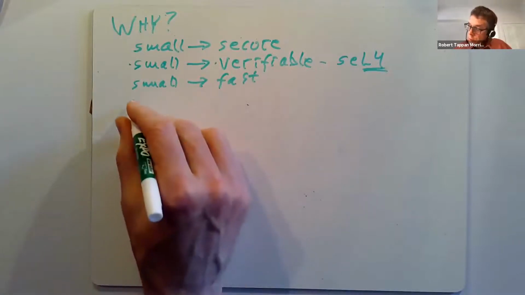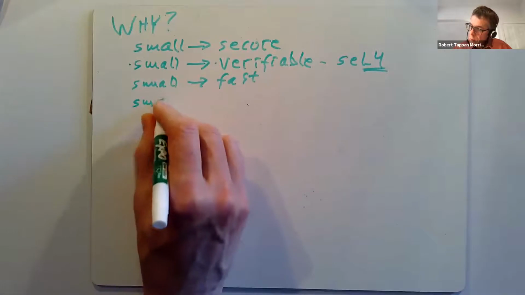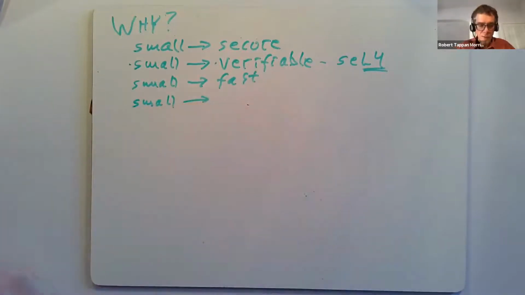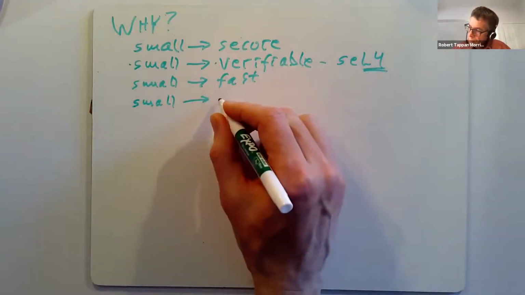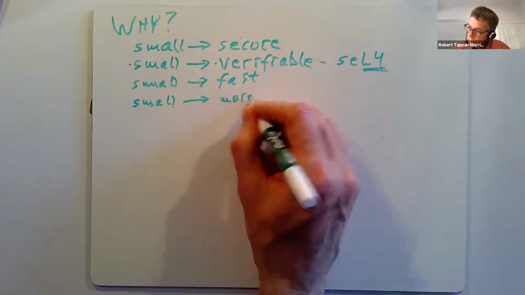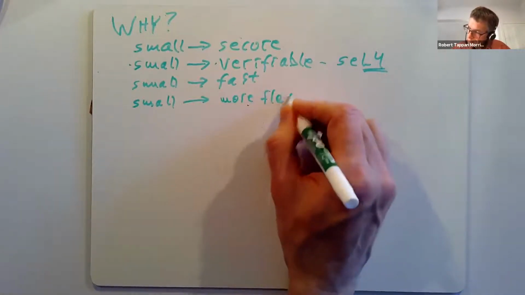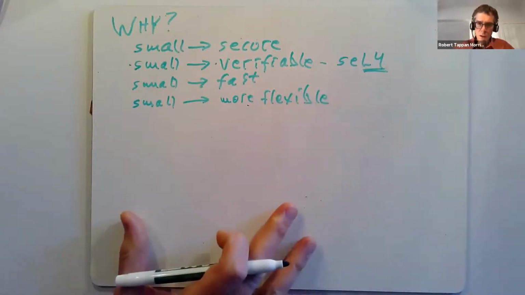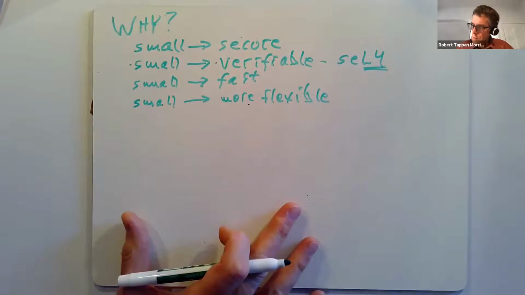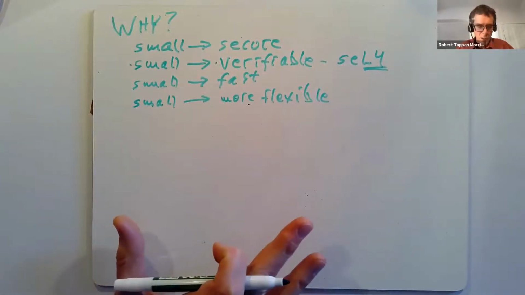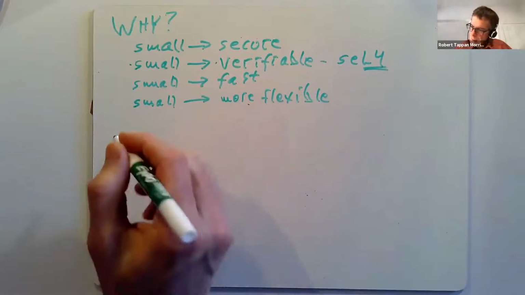Another reason for small is that a small kernel probably bakes in far fewer design decisions and forces fewer on application writers, which leaves them more flexibility to make their own design decisions. By the way, these are not necessary consequences of the microkernel approach. These are things that people hoped for and tried to achieve by using microkernels.